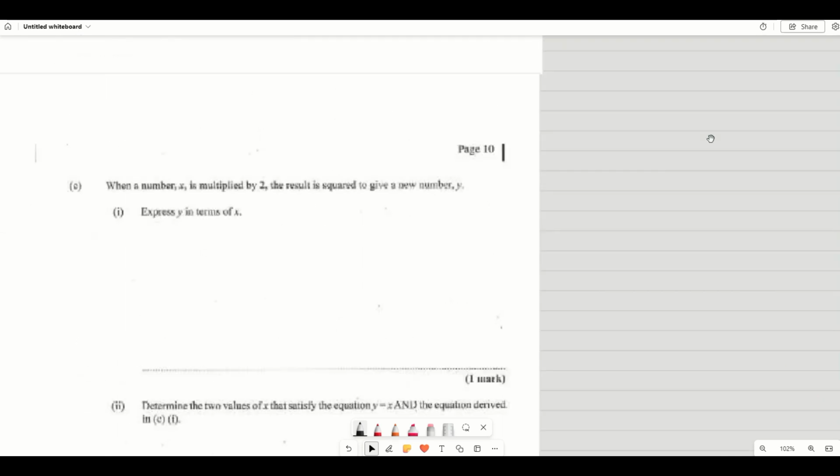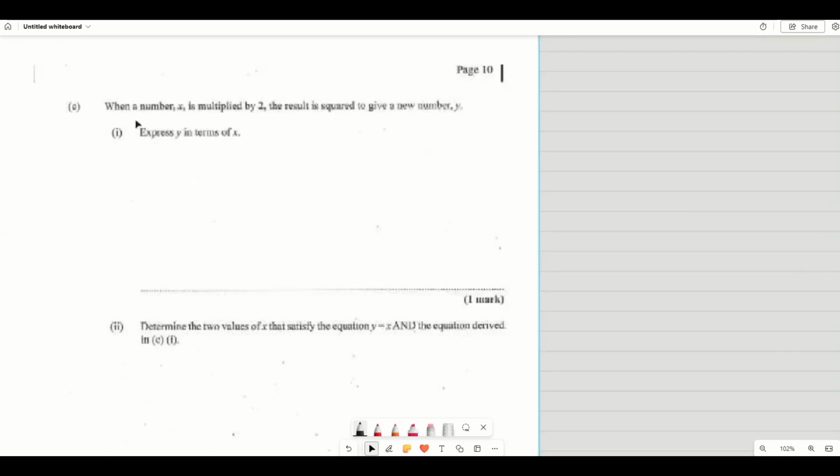Is there more? Yes, there is. Let's look at this question. When a number x is multiplied by 2, let's write this down. When x is multiplied by 2, the result is squared to give a new number y.